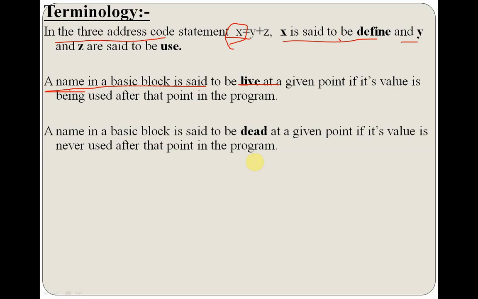If not used, it is said to be dead. See the second term: a name in a basic block is said to be dead at a given point if its value is never used after that point, after that statement in the program.